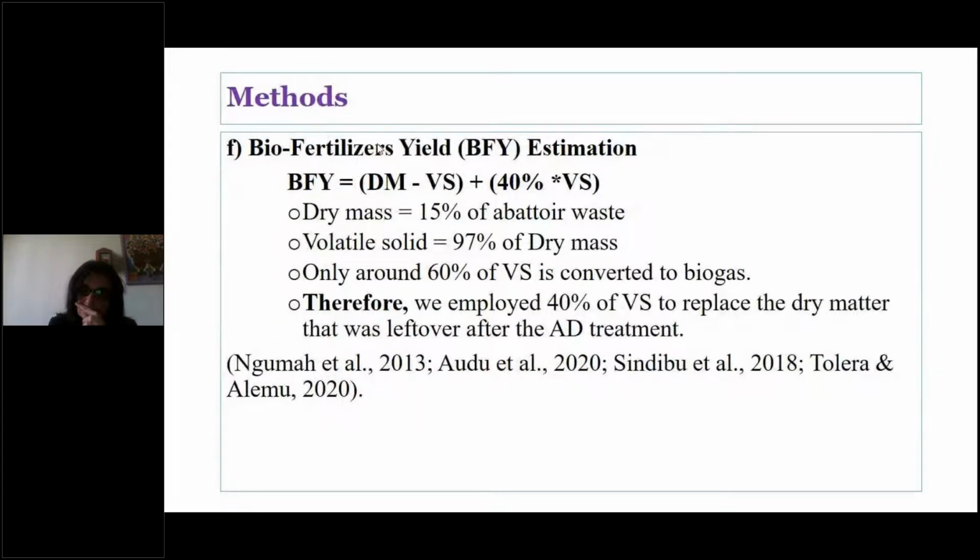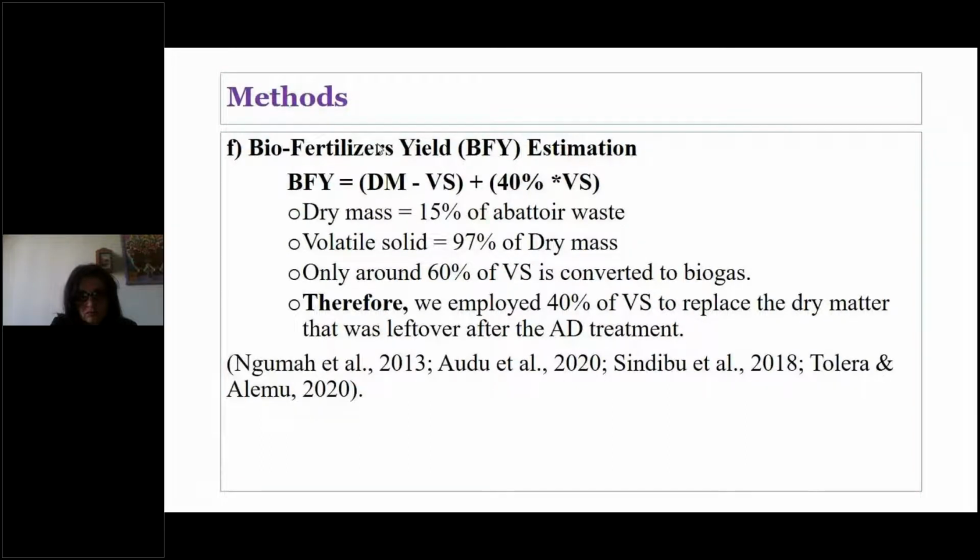The last one is the amounts of biofertilizer that could be generated from a site. It could be calculated by subtracting dry mass minus volatile solid, plus 40% of volatile solid.